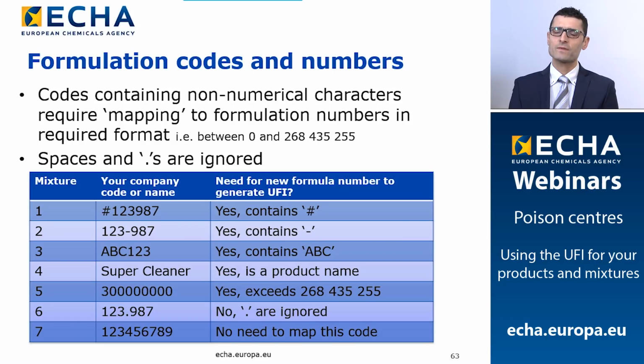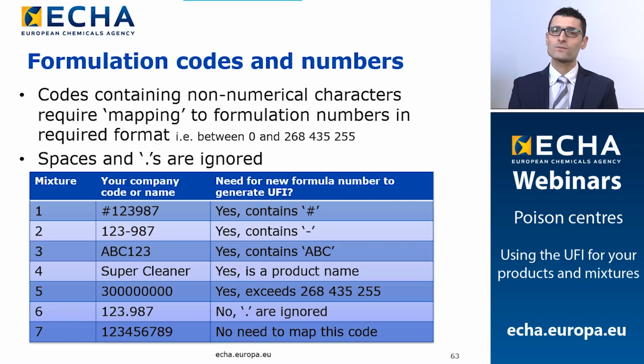To be more specific on this last point, the table that we are showing here now shows you examples of possible formula codes or formula names with reasons why some of those cannot be used for the purpose of generating UFIs. In the first 4 examples, you can see that special characters or letters are used, and as such will need to be mapped to a new formulation number.